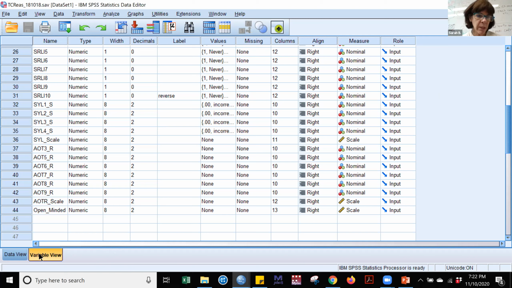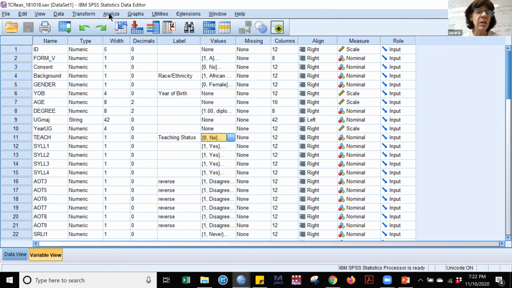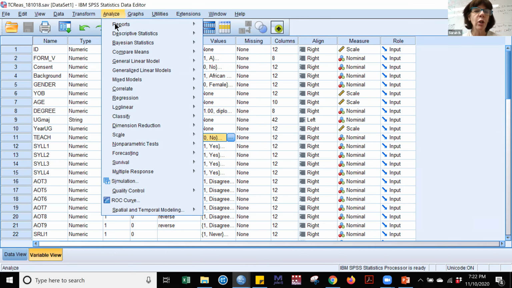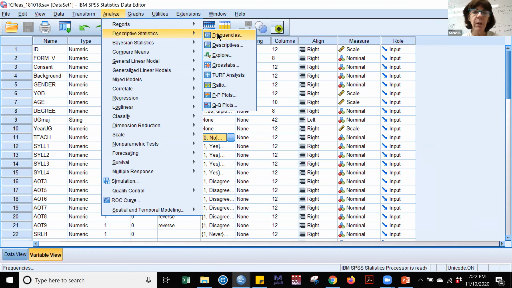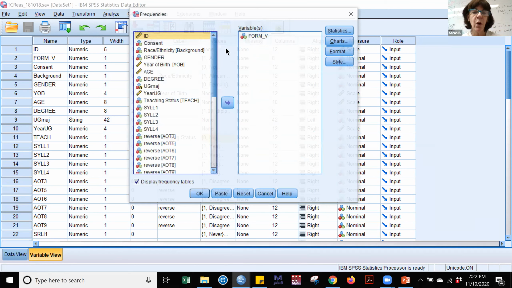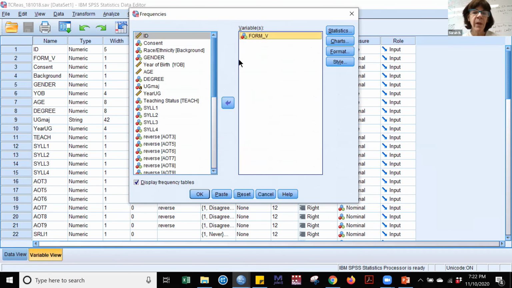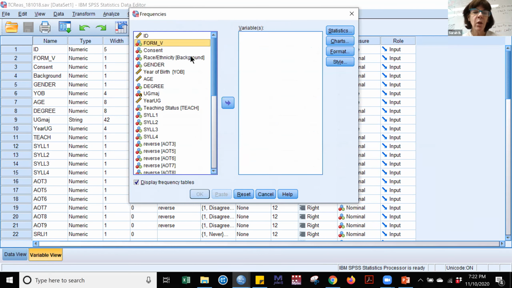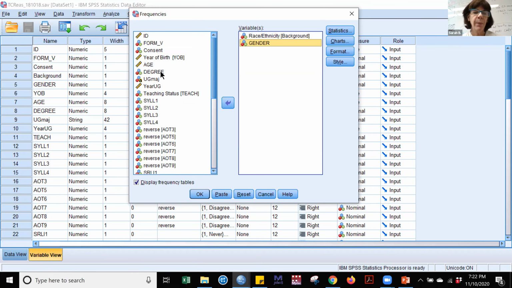You should always report, for your basic descriptive statistics, the demographics of people. So we can go ahead and get the frequencies for all of those background variables: race, gender, degree, and teaching status.